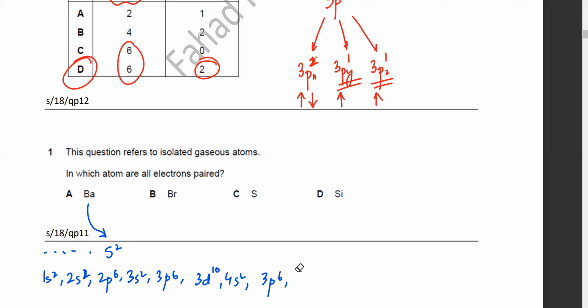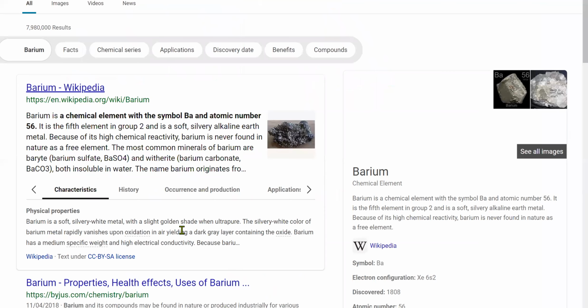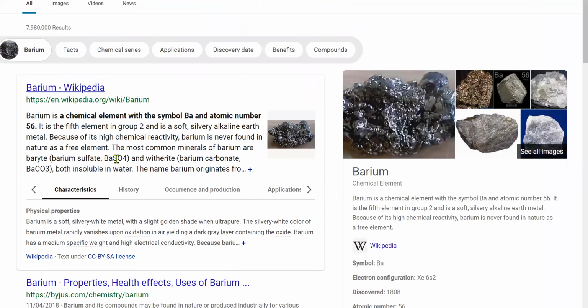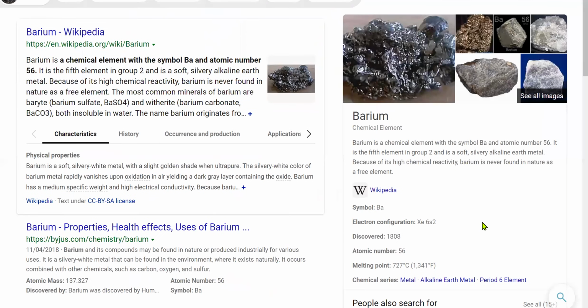According to the Aufbau principle, there's going to be 4p6 followed by 5s2. Let me just check the electronic configuration of barium. No, the atomic number is actually 56, so we just have to keep going.